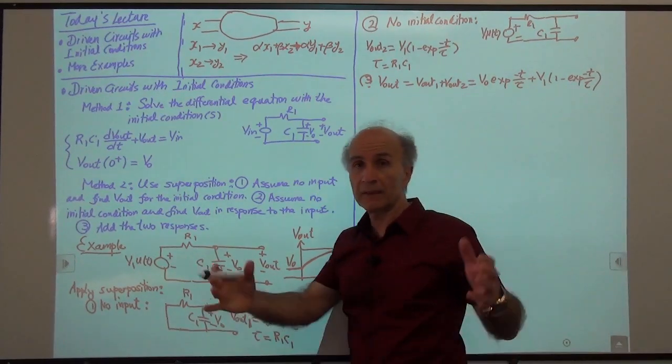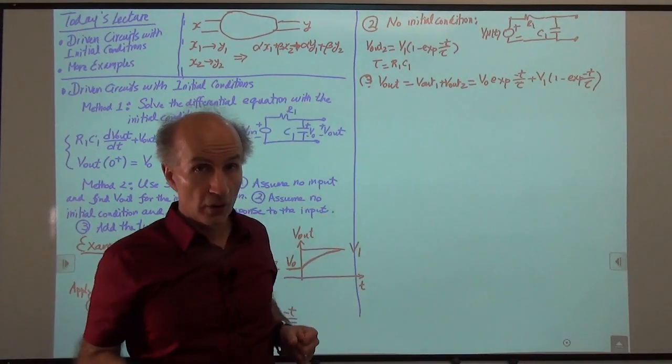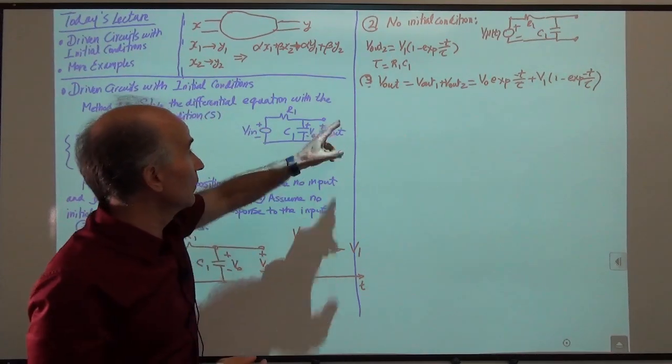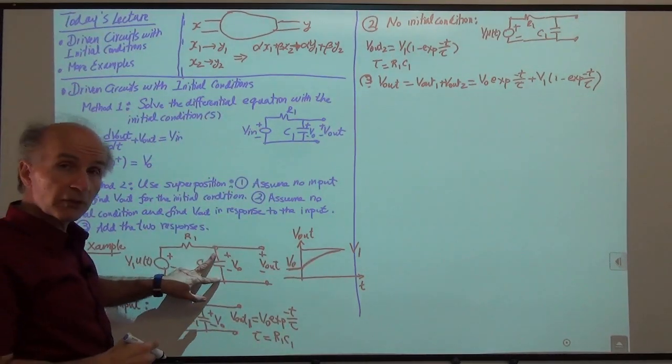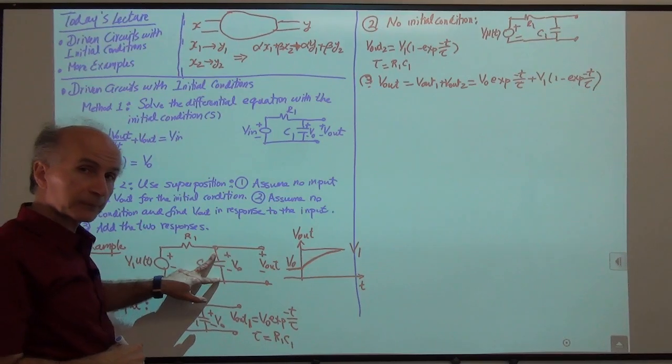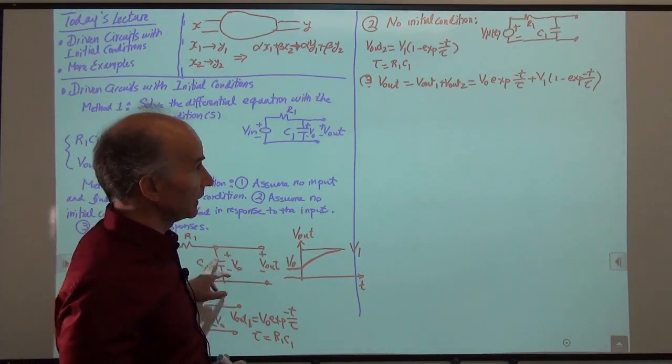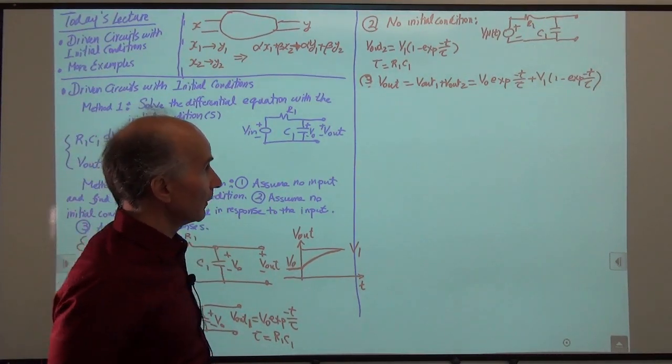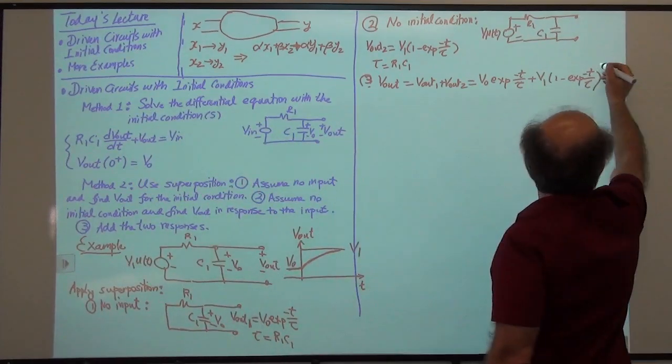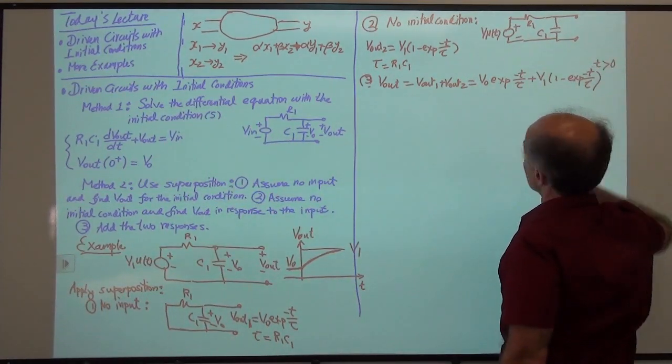Does this whole thing take u of t? No, because V out was not 0 before time 0, right? So we can't multiply that by u of t. All we can say is that this is true for t greater than 0.